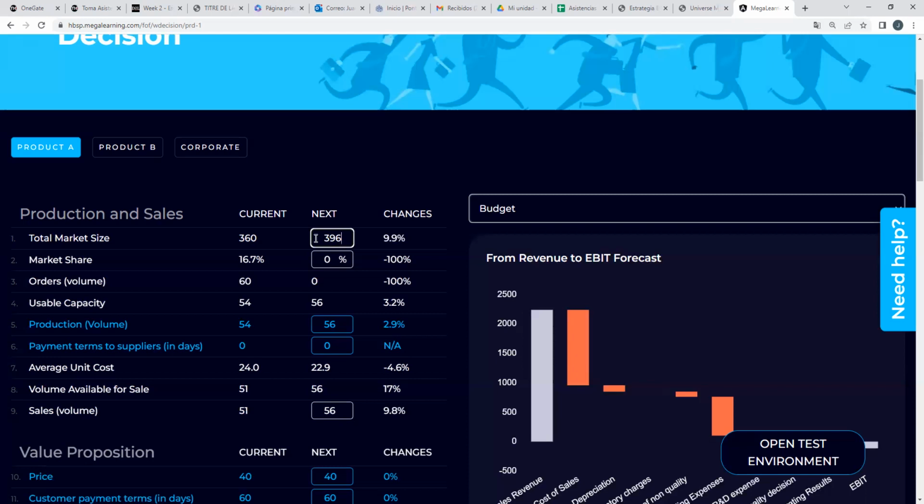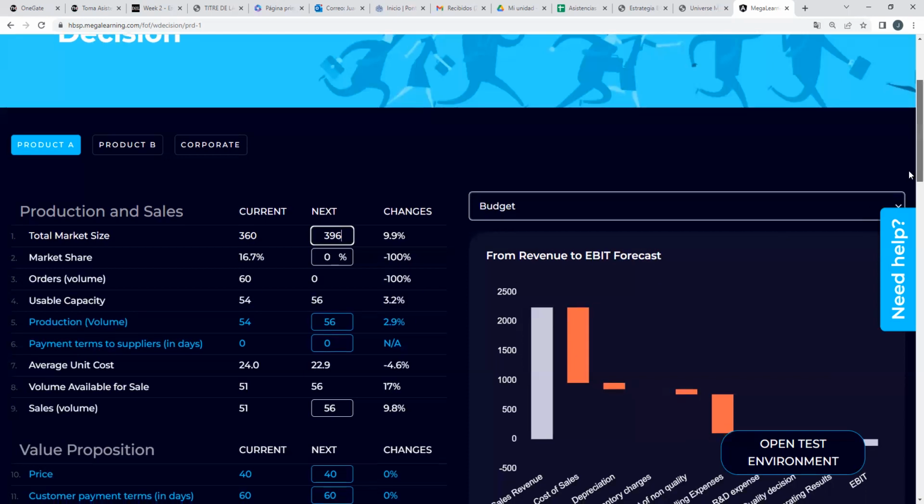Probably some of the groups are going to focus on B, or some groups are going to have to make the push in A and B at the same time. So this is going to be one strategy that you guys are probably going to be defining soon with your company colleagues.